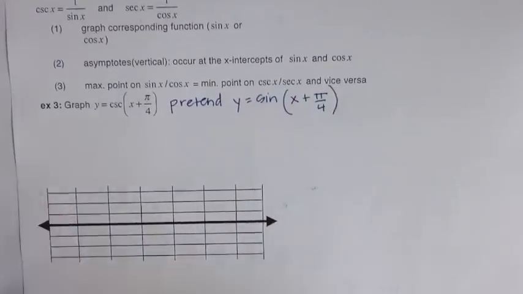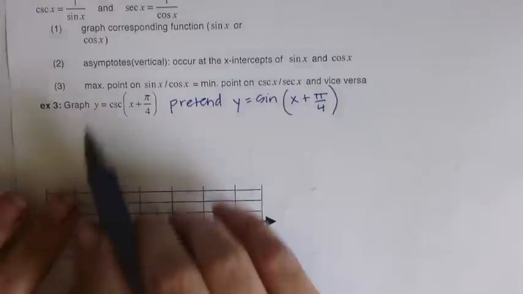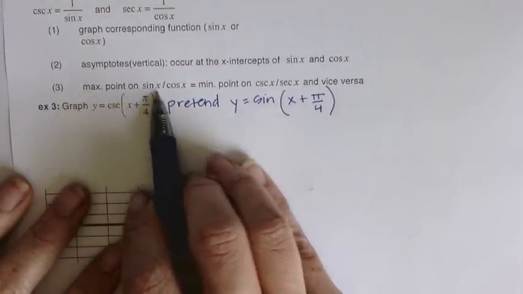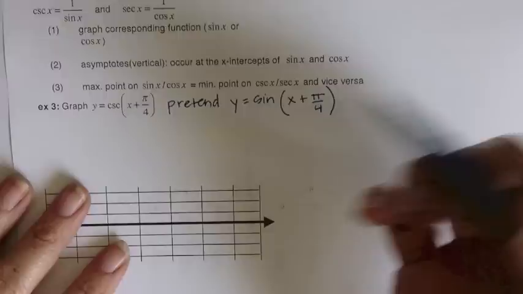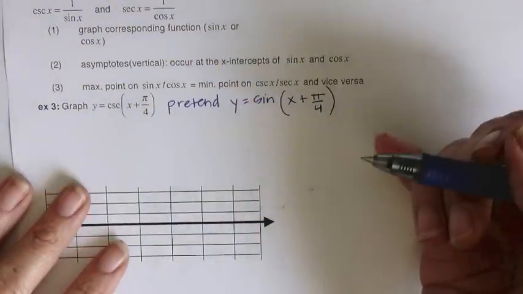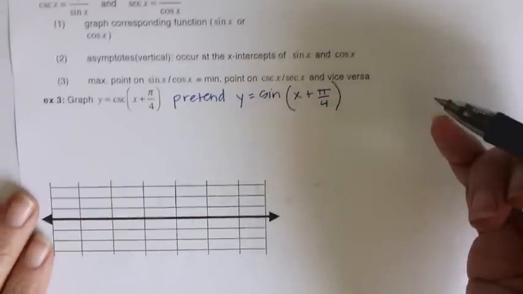Because it's at those x-intercepts where the y value equals 0, and then when you flip your fraction for cosecant or secant, you're going to get division by 0, which is not okay, and so it produces an asymptote. And then anywhere there was a max point on the sine or cosine graph, it's going to be a minimum point on the cosecant or secant graph, and vice versa.